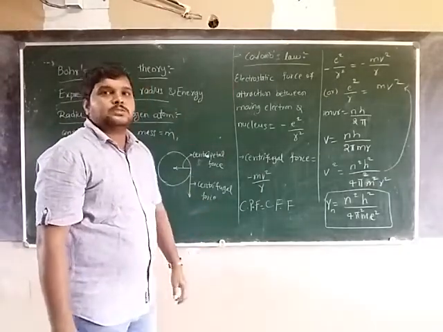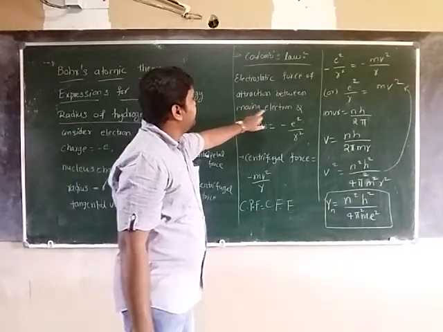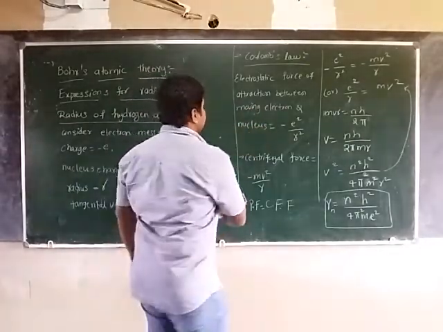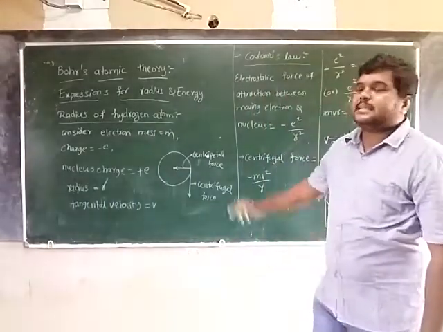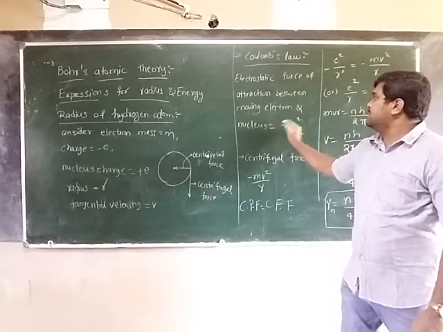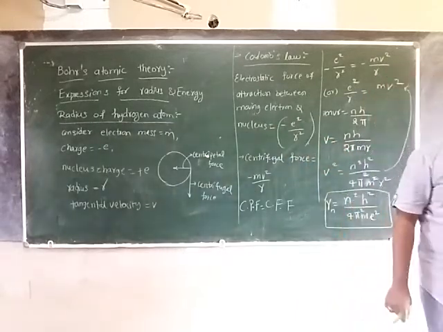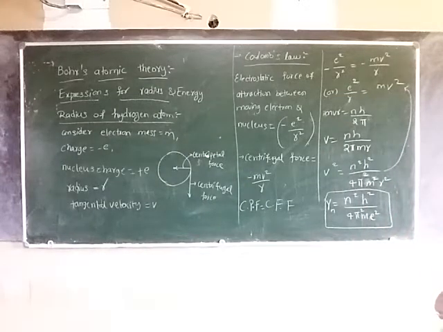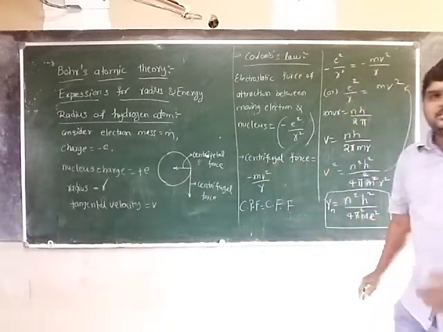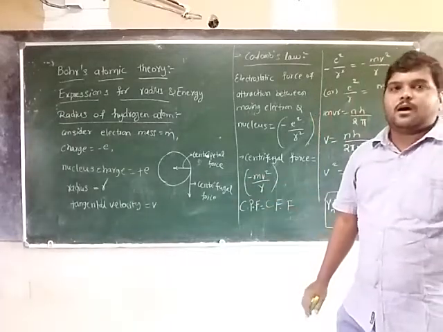According to Coulomb's law, the electrostatic force of attraction between the moving electron and the nucleus is equal to minus e square by r square. The centrifugal force, which is directed away from the nucleus, is equal to minus mv square by r.